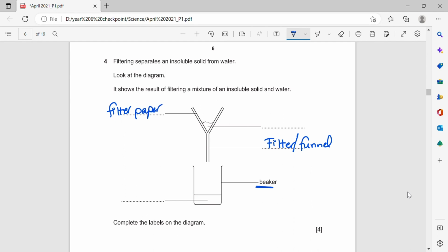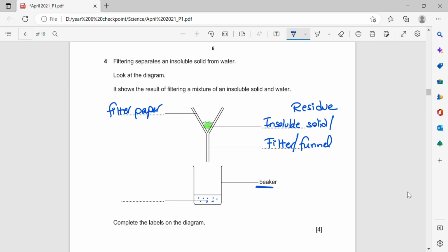Okay. Here, what's the residue left here? Either you call it residue or you call it the insoluble solid. Insoluble solid or residue. Okay, what's here?